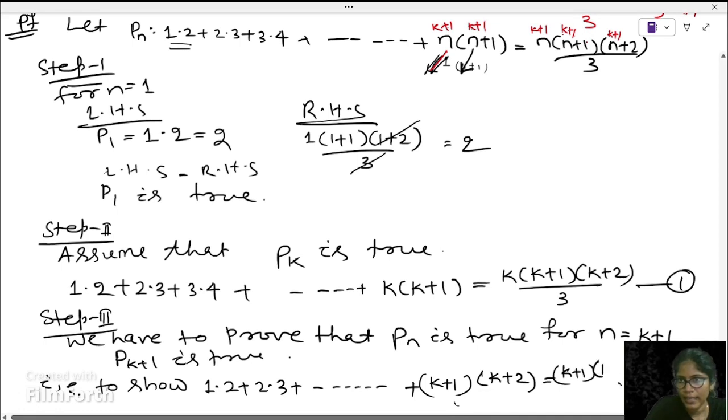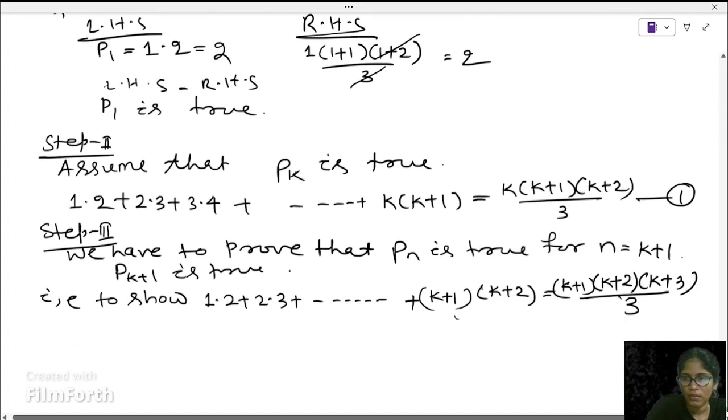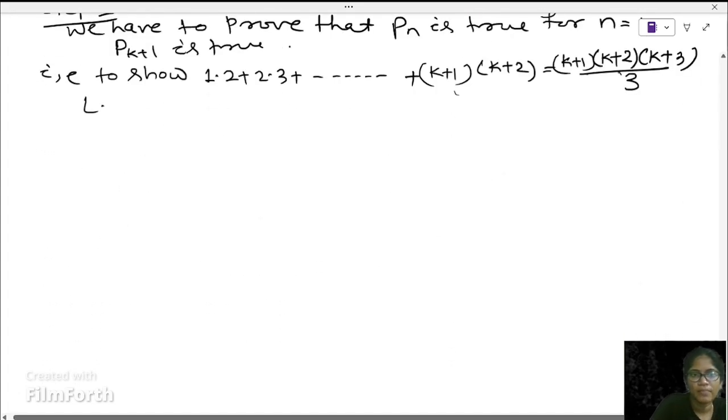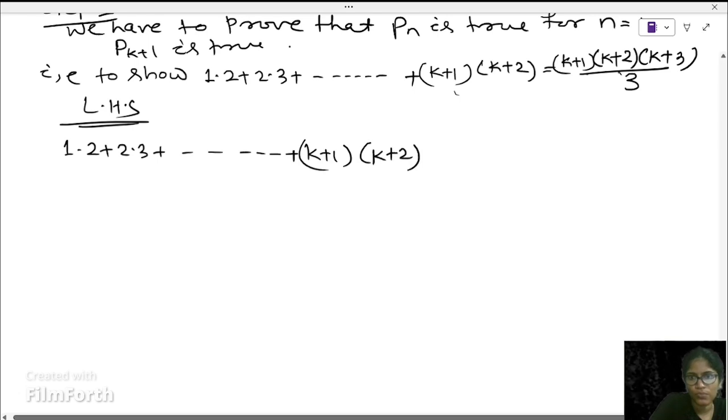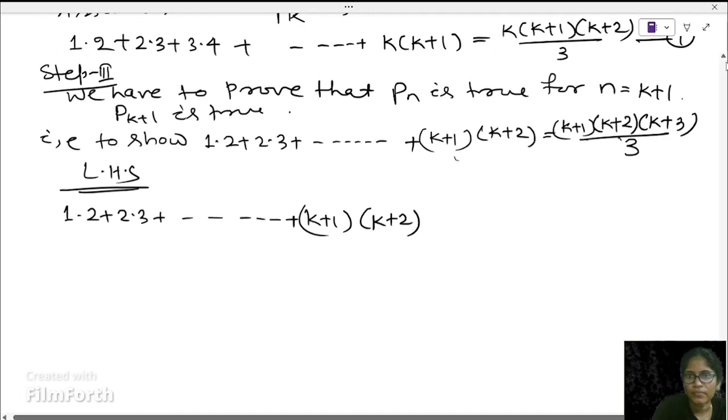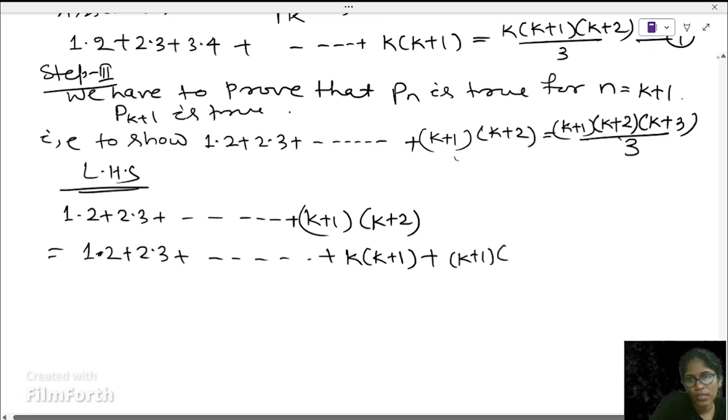Right. k plus 2 into k plus 3 divided by 3. Now solving this, from the left hand side: 1 into 2 plus 2 into 3 plus up to k plus 1 into k plus 2. Which we can write as 1 into 2 plus 2 into 3 plus up to its previous term, k into k plus 1, plus k plus 1 into k plus 2.